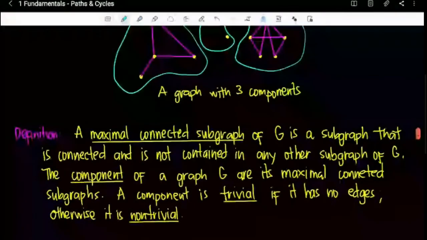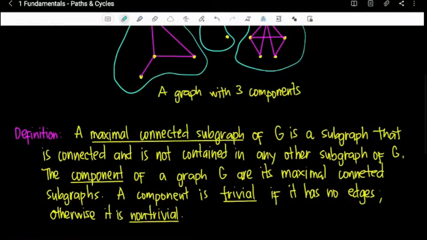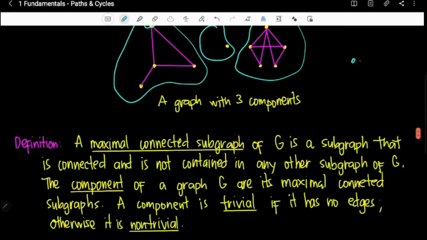So, a maximal connected subgraph of G is a subgraph that is connected and is not contained in any subgraph of G. So, for example, meron tayong graph, tapos there's an edges connecting them. Yan. So, this is maximal if wala nang mas malaki pang nagko-contain sa kanya na connected.